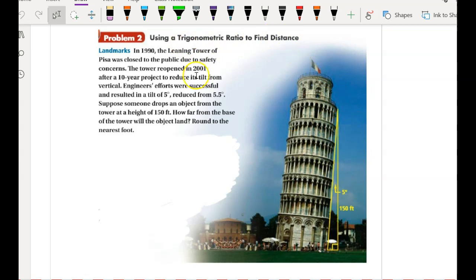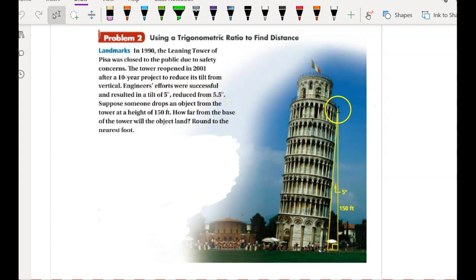So let's read the problem and see what distance we're looking for. In 1990, the Leaning Tower of Pisa was closed to the public due to safety concerns. The tower was reopened in 2001 after a 10-year project to reduce its tilt from vertical. Engineers' efforts were successful and resulted in a tilt of 5 degrees, reduced from 5.5 degrees.